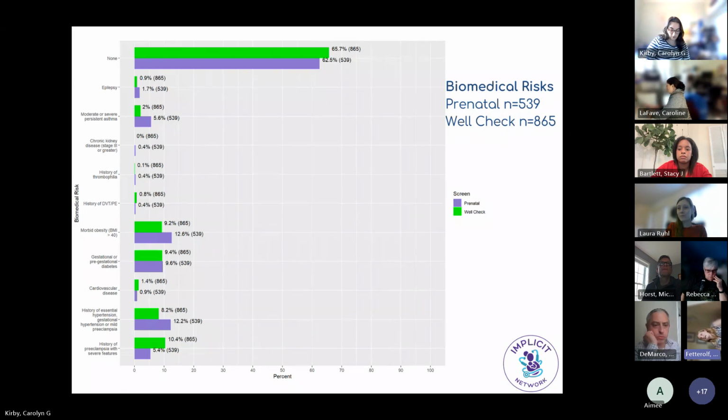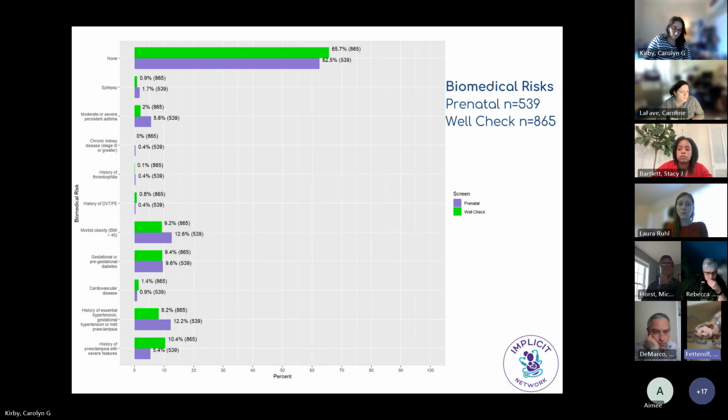One of our big screening questions is our biomedical risks. We're looking at biomedical risks not just for this current pregnancy, but any previous pregnancies or any history of anything. You can see at the top is our none category. Again, these slides will be handed out or sent to you all, so you can take a closer look at this.